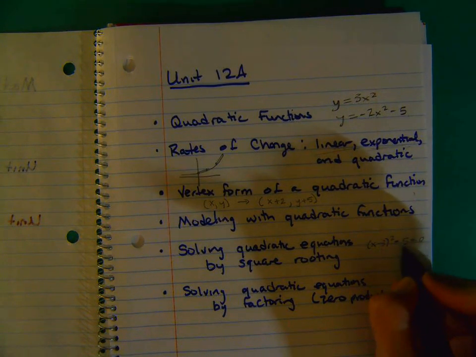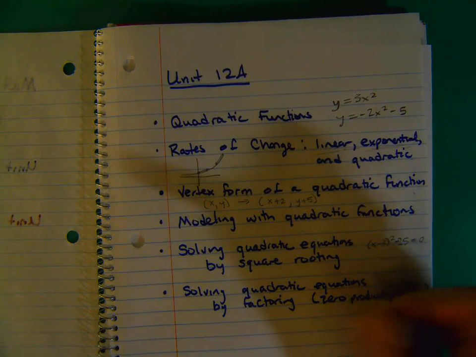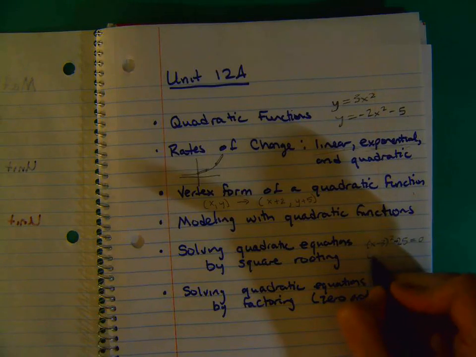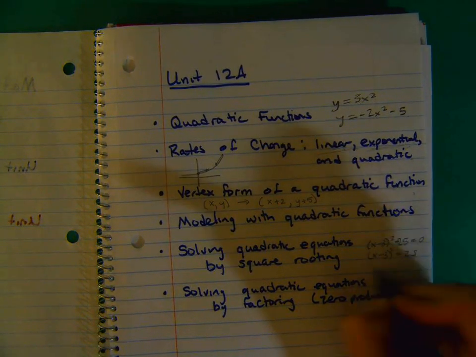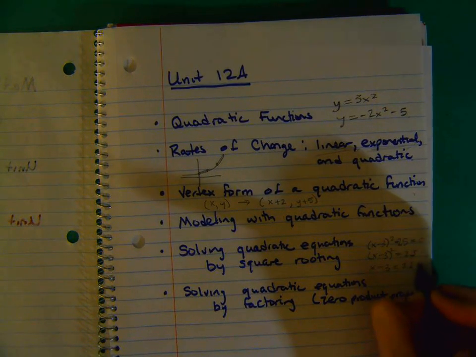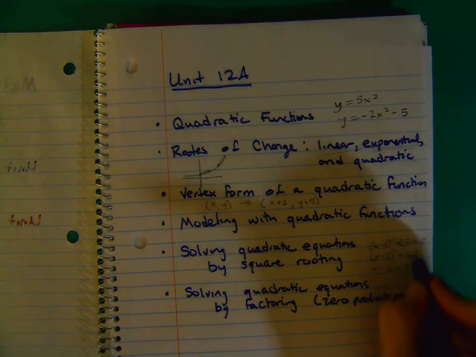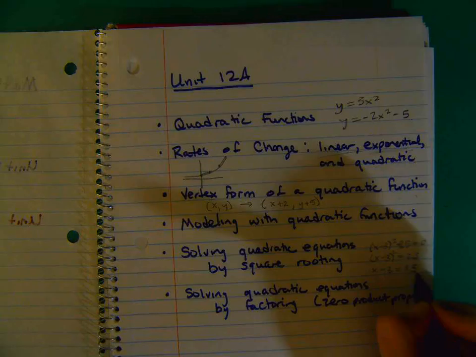Then let's make that a minus 25, just to make it really easy. Then you would add over the 25, square root, including the positive and the negative, and I wanted that to be 25, so I'd get 5, and then add the 3 over.